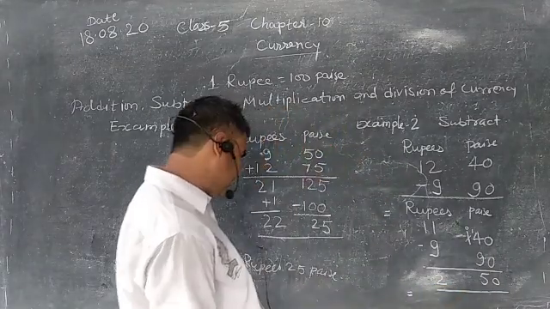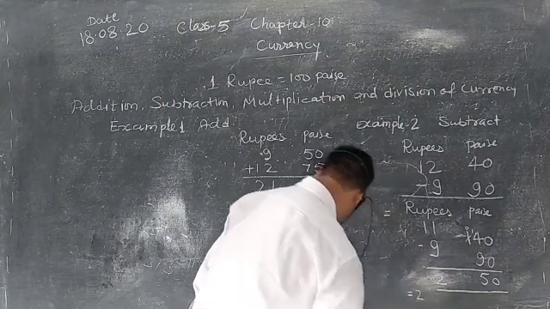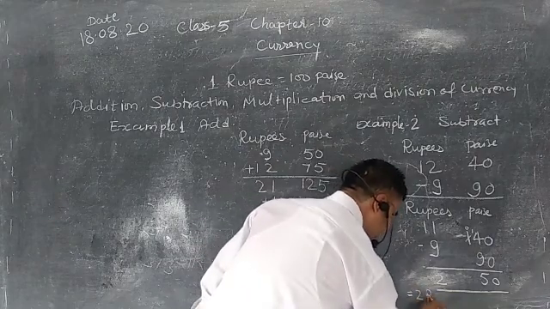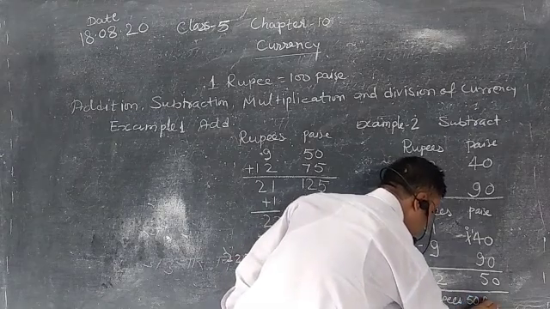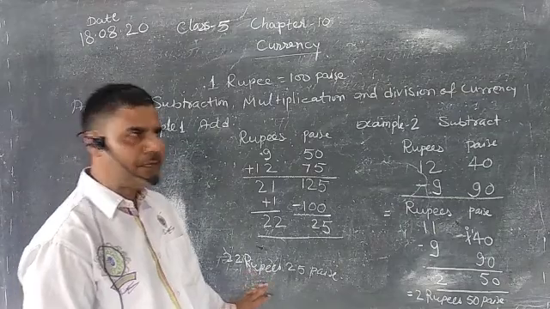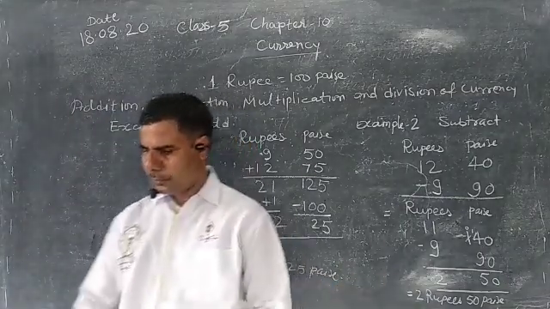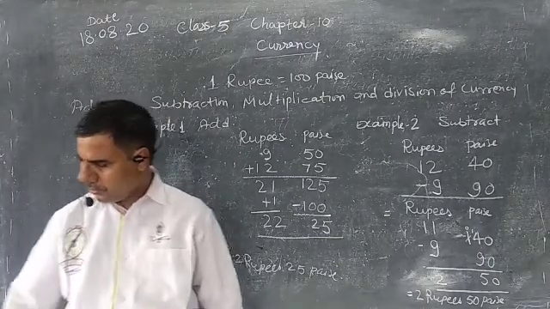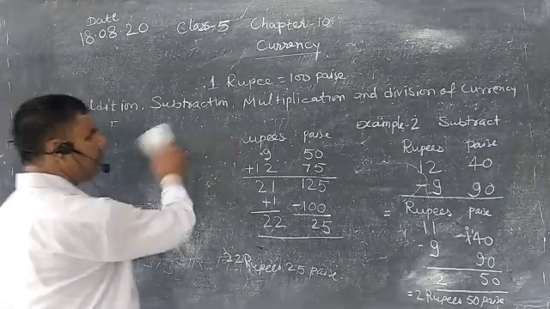And the answer is 2 rupees 50 paise. Our answer is 2 rupees 50 paise. Have you understood these two examples? Okay. Now we will learn how to multiply and divide currency.